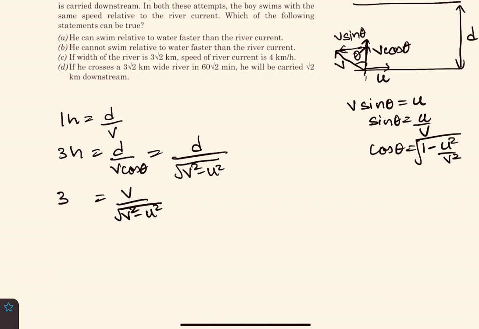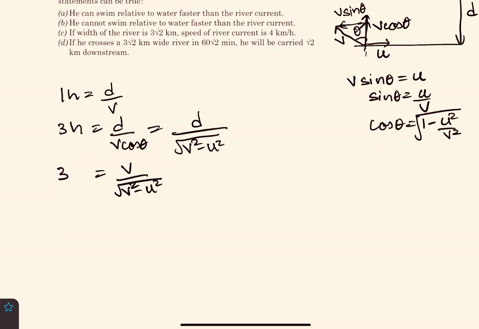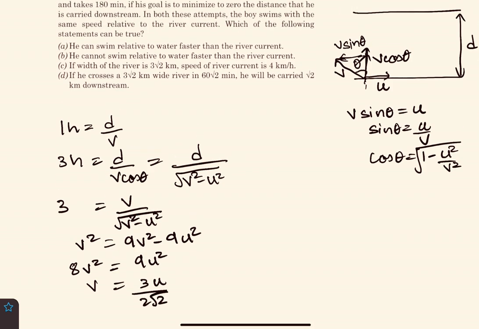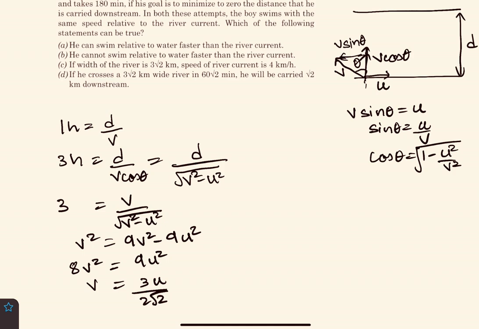That gives us v square is equal to 9v square minus 9u square. So 8v square is equal to 9u square. That is to say that v is equal to 3u by 2 root 2.